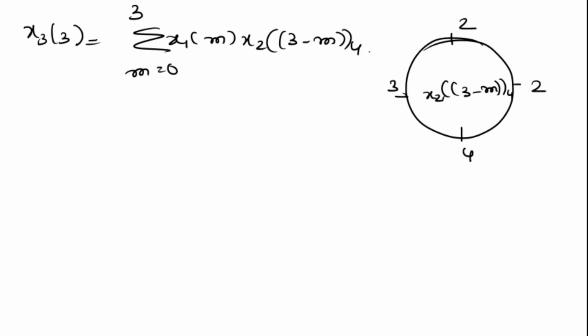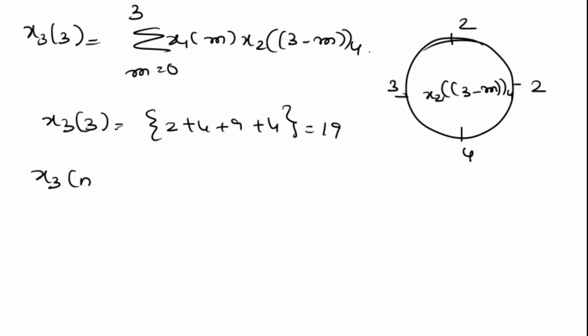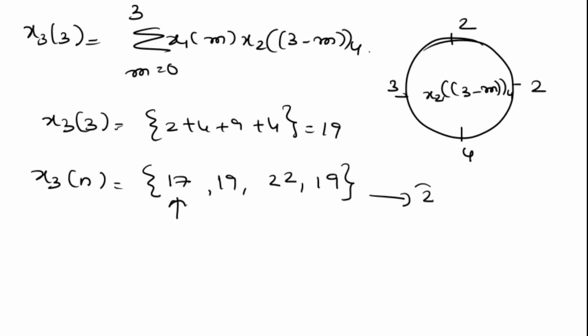That should be multiplied with x1 of m. We'll get x3 of 3 is equal to 2 plus 4 plus 9 plus 4, which is equal to 19. Then x3 of n is equal to 17, 19, 22 and 19. Call it as equation number 2.